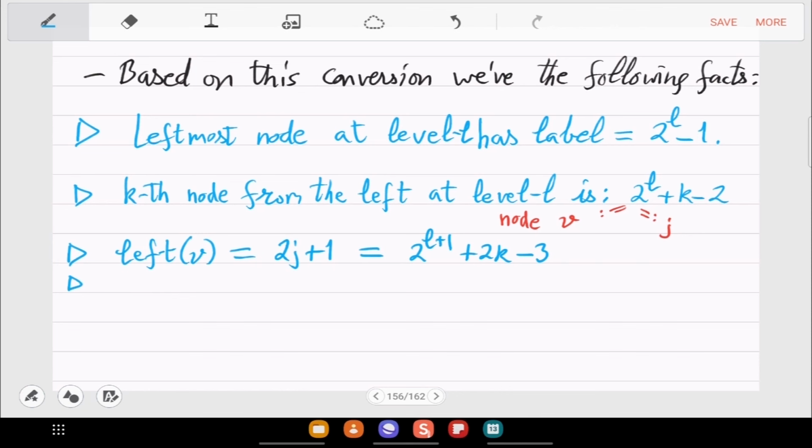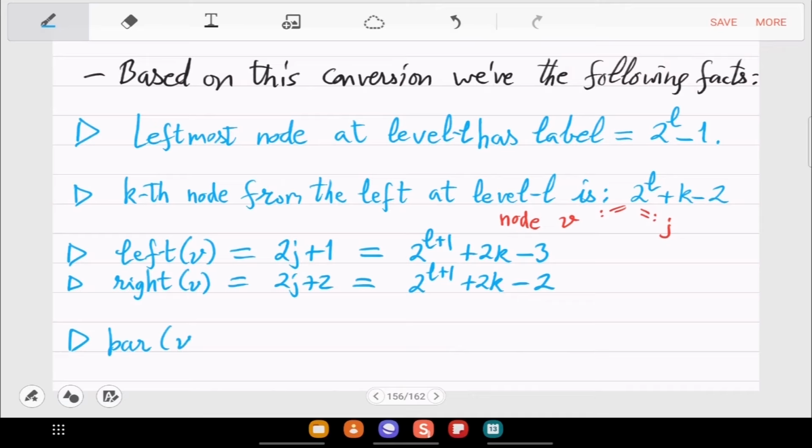What is the right child? Yeah, that is now easy. And what is the parent? In the array, if you want to move to the parent of V, where should you go? Roughly J by 2, right?